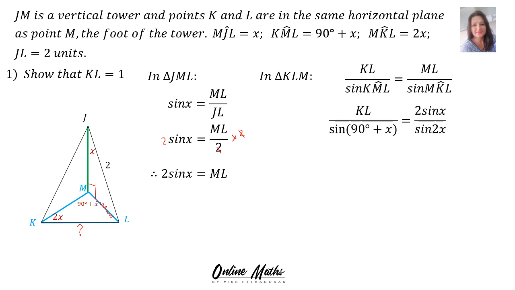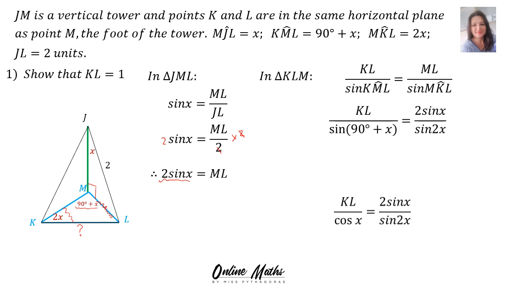And then we can substitute. KL is the one we're looking for. Angle KML, this angle, is 90 plus X, equals, and then ML, we calculated in the previous sum, was 2 sin X over, and then angle MKL is this one, and that one was 2x.